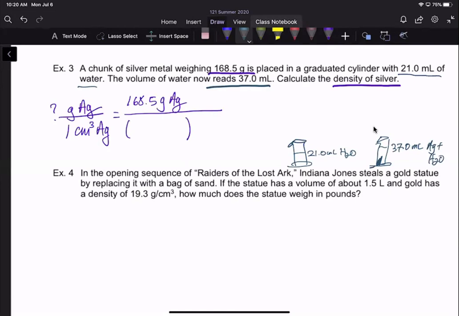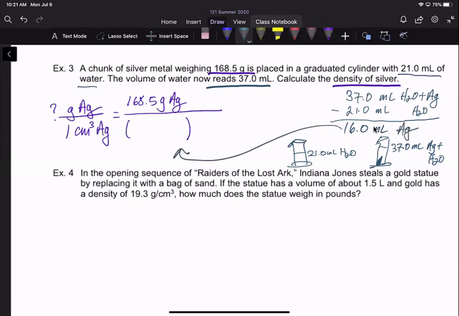So we need to do that subtraction. And what is that? I'm going to calculate it so I don't make mistakes. 16.0 milliliters. That is a measured zero, so we need it. And that's the volume of the silver by itself. So that's what's going to go in here.